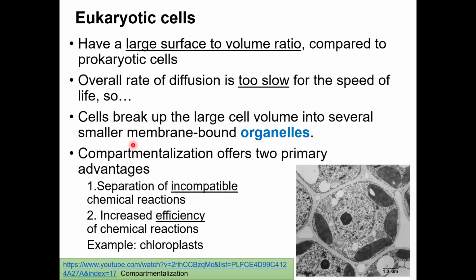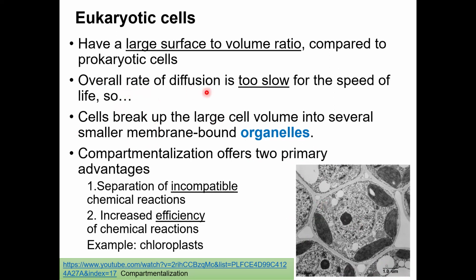So eukaryotes have a very large surface to volume ratio compared to prokaryotes. This we've seen in previous pictures where the scale bars are almost 4 times the size in terms of the cell itself.